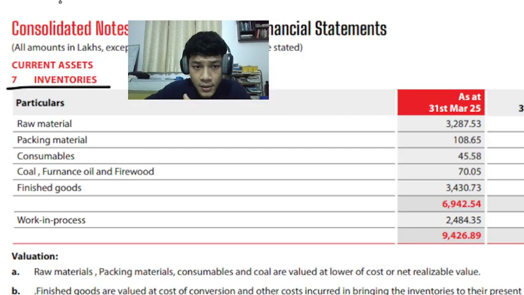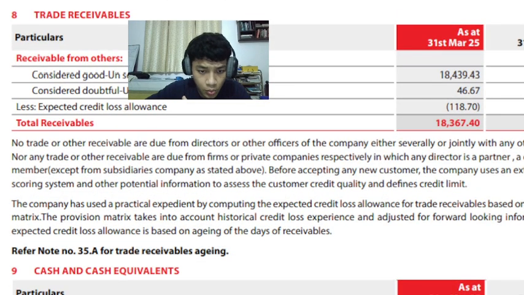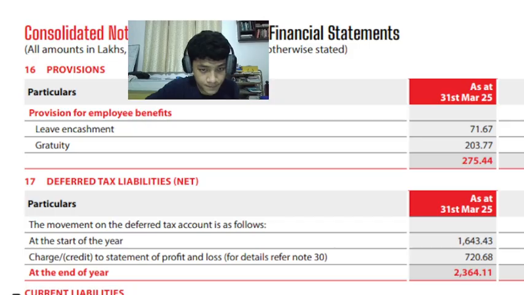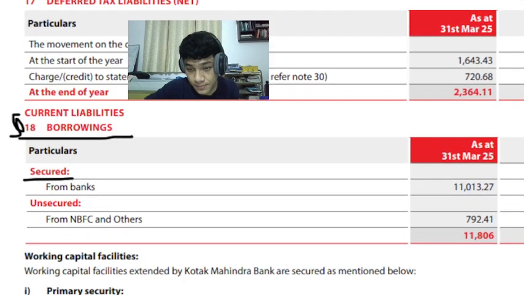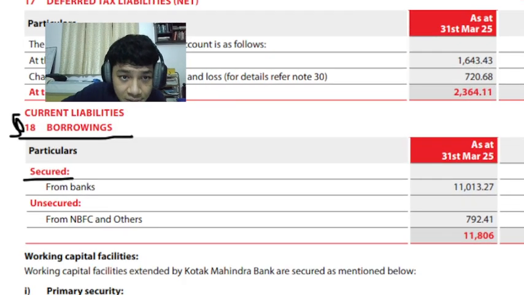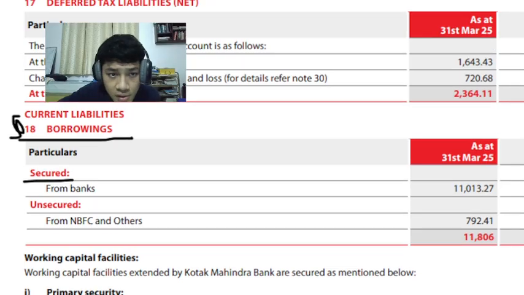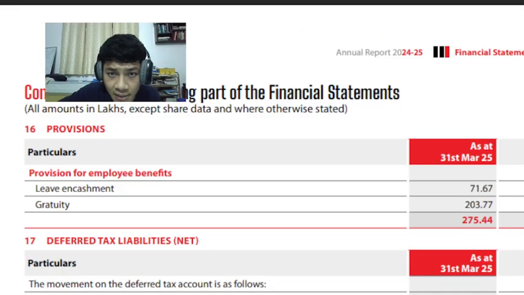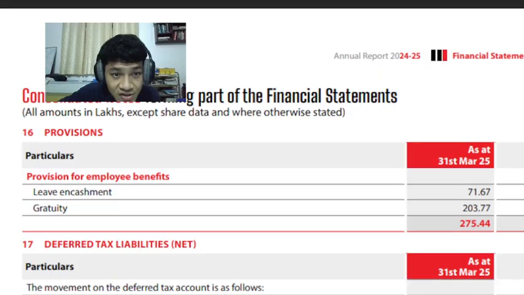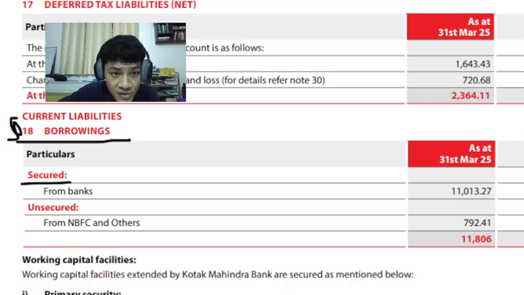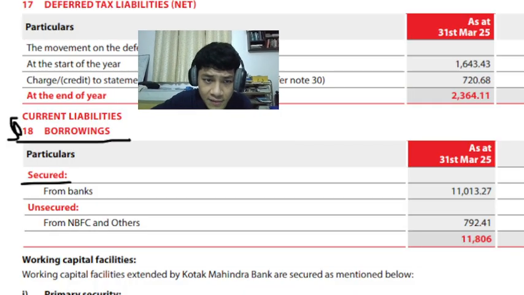Then, what else did I need to take a look at? Yeah. Then, borrowings, current liabilities. These numbers are all, I believe, in lakhs of rupees. Yes, lakhs of rupees. So under borrowings, these are current liabilities, paid back within 1 year.